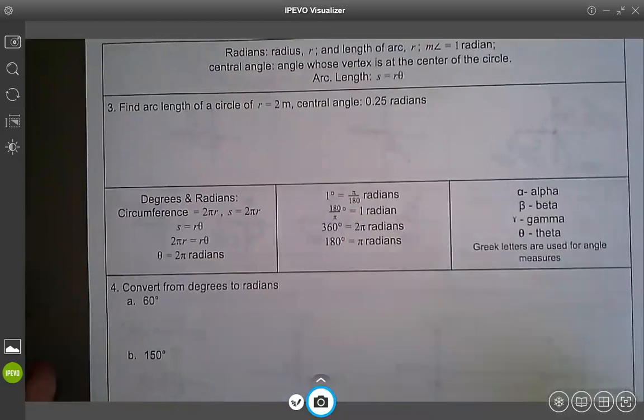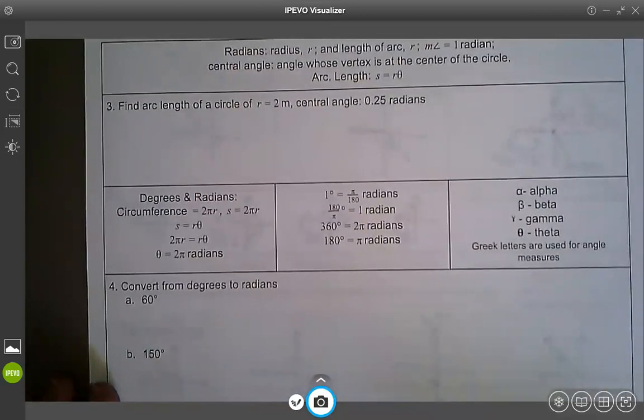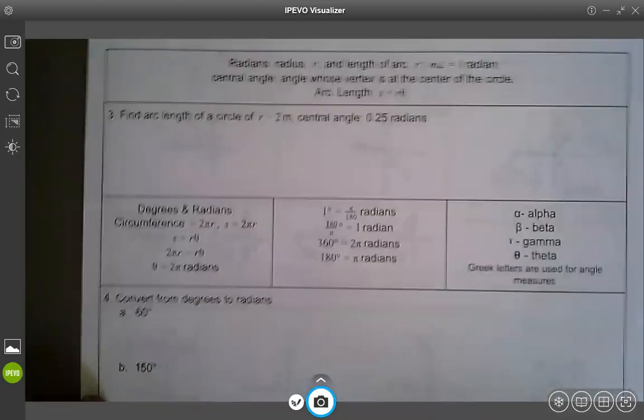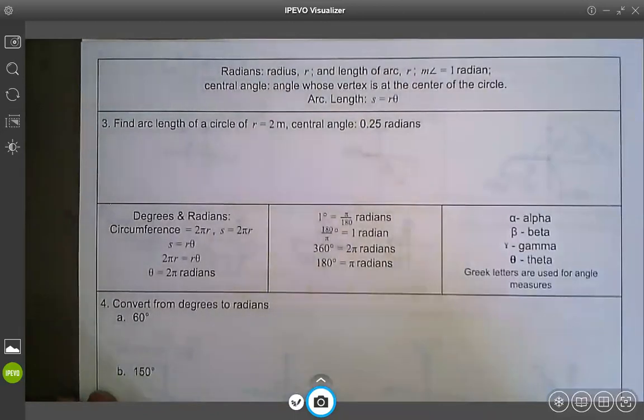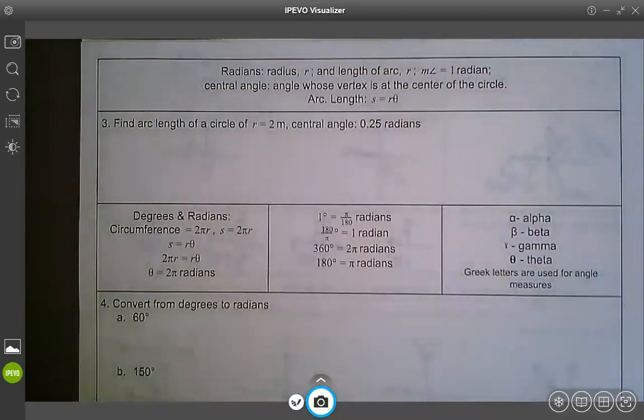We are going to look at arc length and eventually area, I think. Arc length, S equals R theta, R is your radius, S is the length of your arc. A radian is another measure of angle measure, and it is in reference to the ratio of the circumference to the radius of the circle.